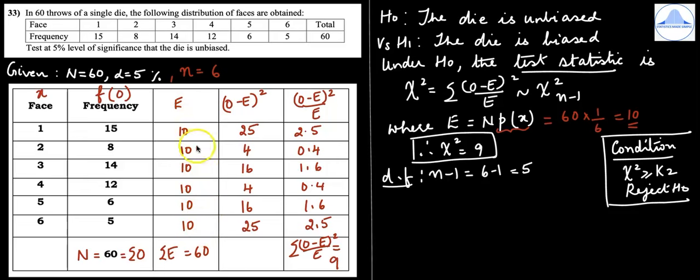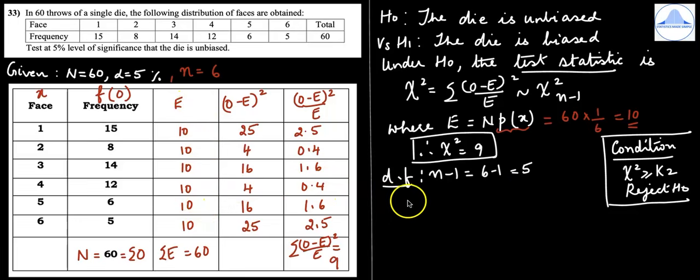So suppose if any of these expected frequencies were less than 5, then we have to make use of the method of pooling. So usually in these kind of problems, E will be greater than 5. But if you're fitting a binomial distribution or fitting a Poisson distribution and then doing goodness of fit, then sometimes there is a possibility that any of the E values may be less than 5.